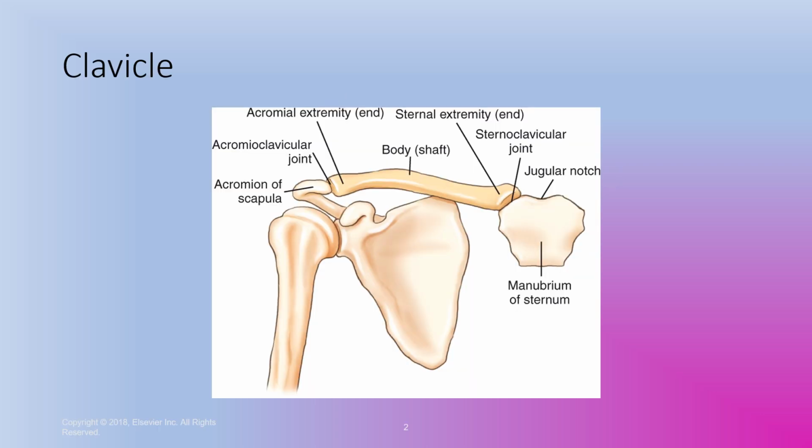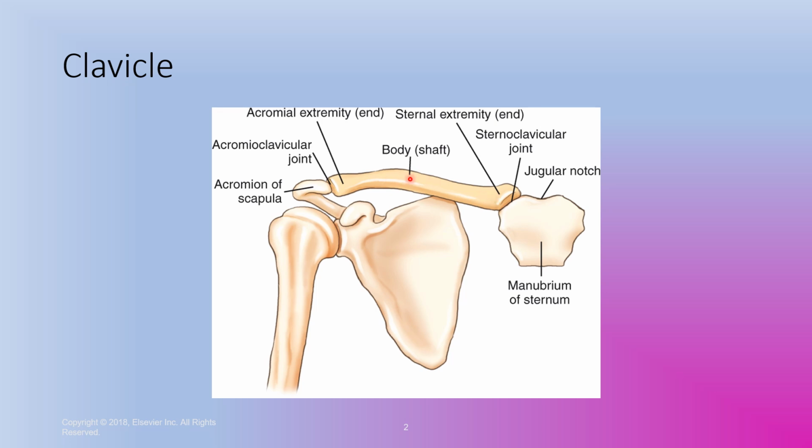This image is figure 5.4 on page 177. You can see that they are showing the shoulder girdle along with the sternum. When you look at the clavicle, it is a long bone with a double curvature. The clavicle has two ends and a body.